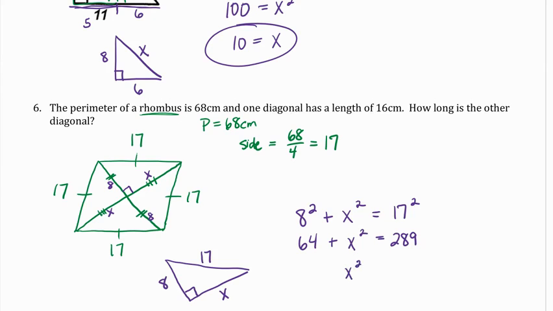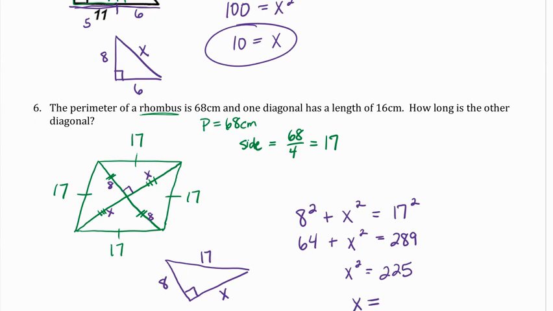Then we get x squared equals 289 minus 64. Oh, it's late. I can do that in my head, can't I? Minus 60 is 229, minus 4 is 225. I'm going to double check my math just to make sure. Yeah, 225. Good job, Miss Mac. Okay, then we take the square root of each side.